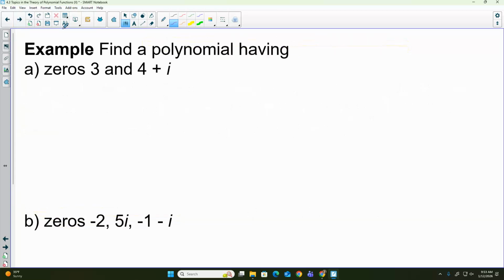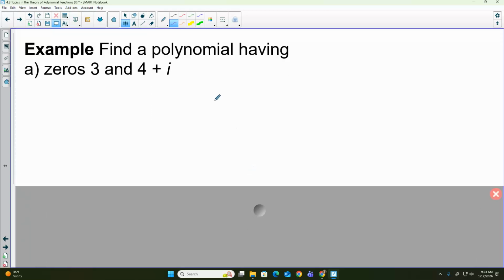Okay. So, for example, I want to create a polynomial where 3 and 4 plus i are zeros. All right, last week we talked a lot about the difference between a zero and a factor. If 3 is a zero, what's the factor? x minus 3.